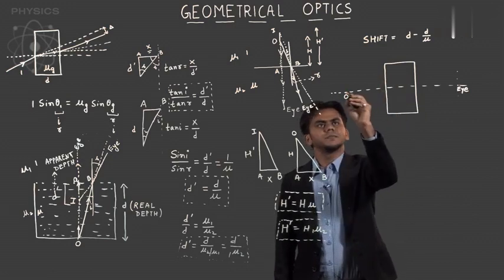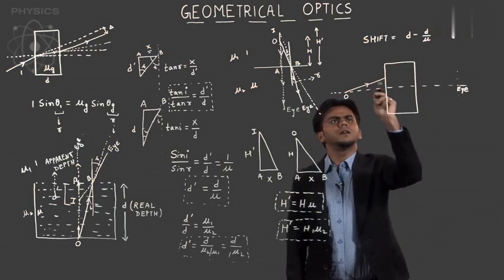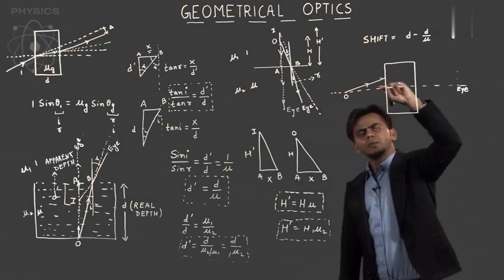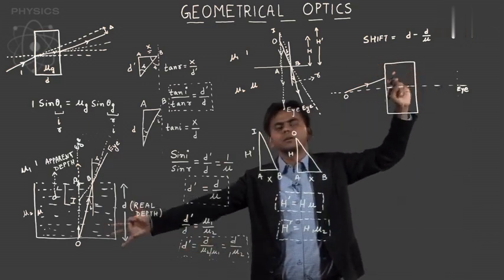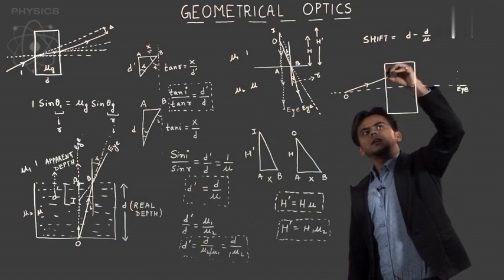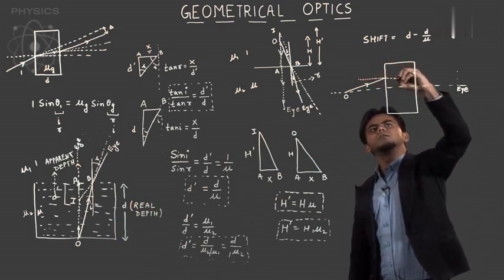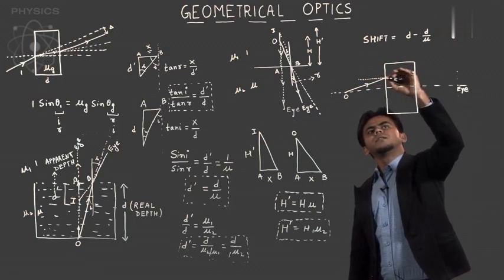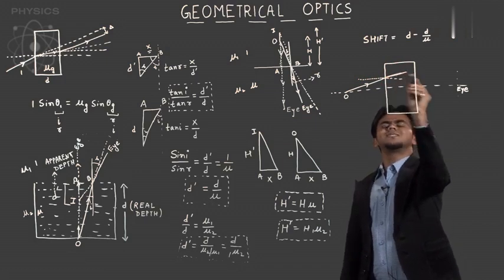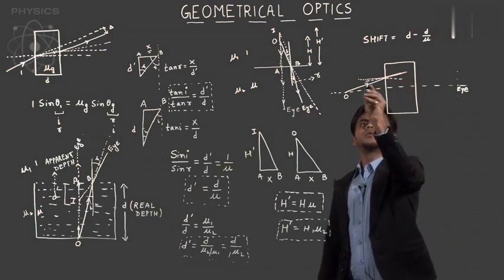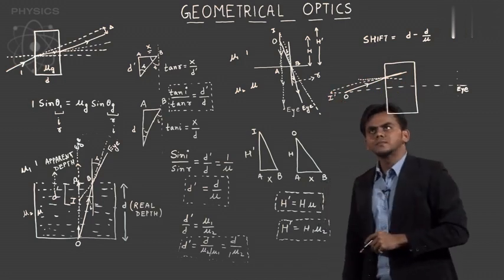At this surface, for small angles, it is going from a rarer to denser medium. This situation is coming, right? Which means if I think of refraction over here now, it would be coming like this, which means towards the normal. So if I produce it backward, it would be formed over here. This would be I dash.